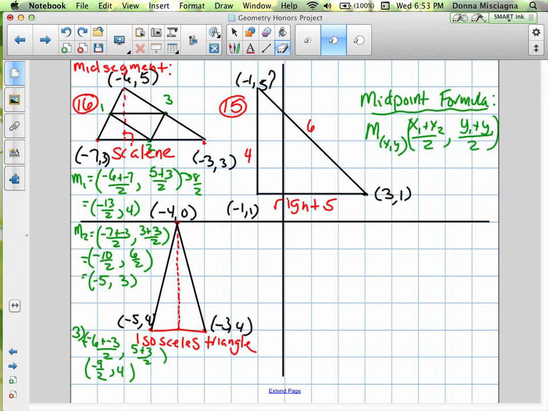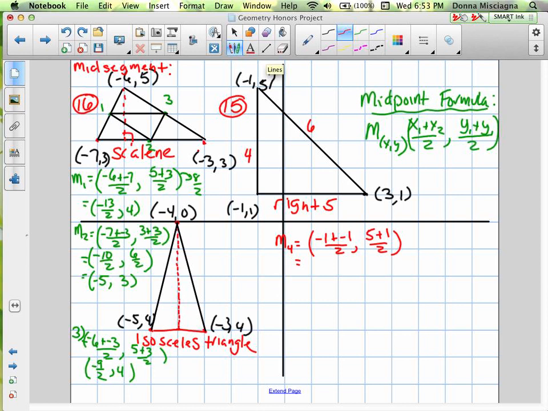All right, so the midpoint for side 4, that's going to be -1 plus -1 divided by 2. Add the x's, and then 5 plus 1 divided by 2, add the y's. So that's going to be -2 divided by 2, and 6 divided by 2. Well, that's just going to be -1, 3.